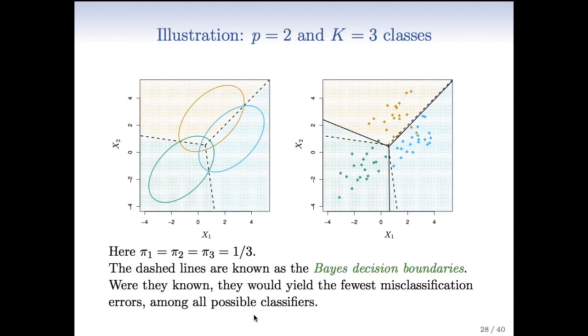Well, we can draw other nice pictures for discriminant analysis, similar to the one-dimensional picture we drew before. So here we've got 2 variables and 3 classes. And instead of showing those density plots, what we do is show contours, in this case, of the density. So here's the blue class, and we're showing the contour of a particular level of probability. Okay? For the blue class, for the green class, and for the orange class.